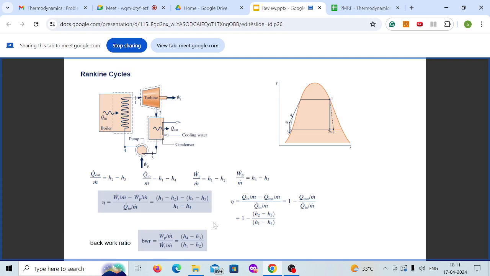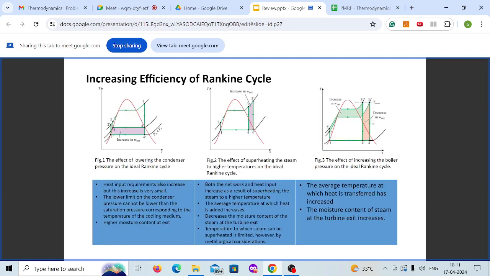So this is an ideal case of the Rankine cycle, which has saturated vapor, but because of practical difficulties you cannot handle two-phase liquid in a turbine. So you try to avoid that, and you try to limit the dryness fraction, bringing it close to 1.